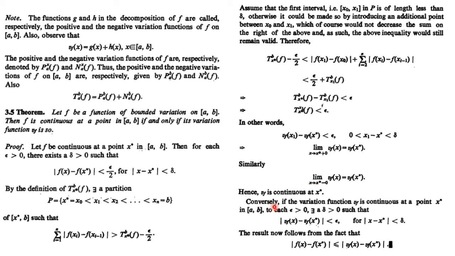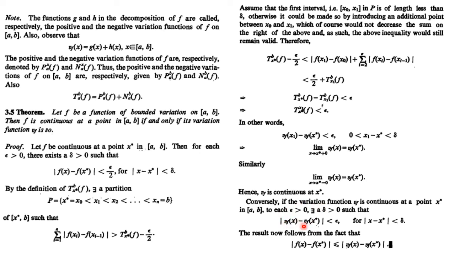Now see the converse. If the variation function Vf is continuous at any point x star in the closed interval AB, then by the definition of continuity, for each epsilon there exists delta greater than 0 such that for this distance less than delta, the variation function also satisfies this inequality. Okay, but we know that the variation |f(x) minus f(x star)| is always less than or equal to this variation.